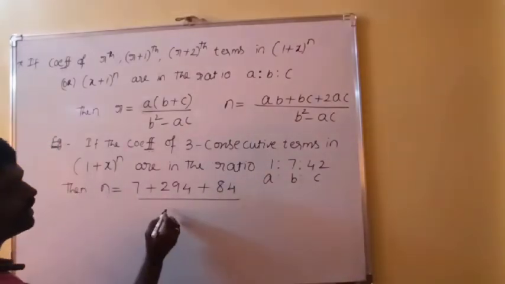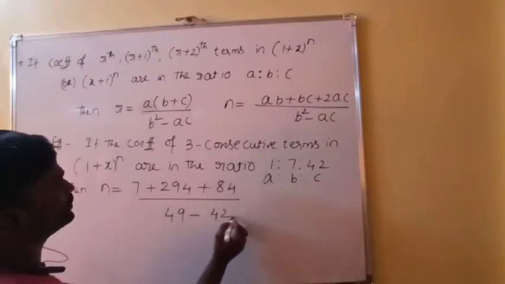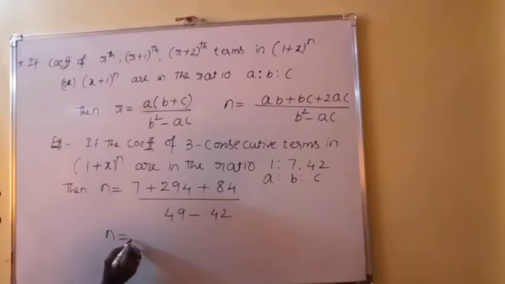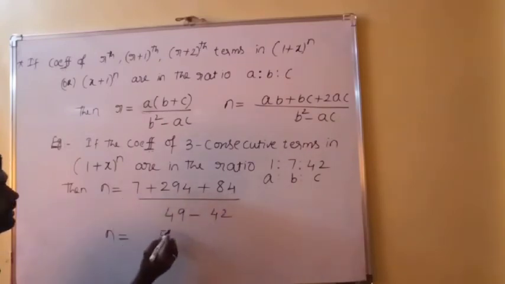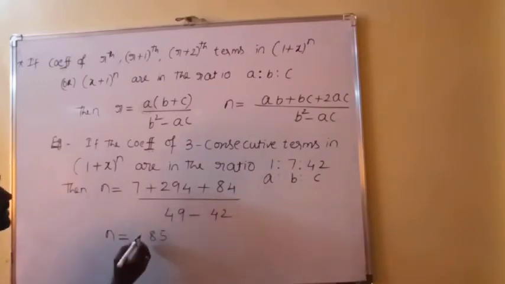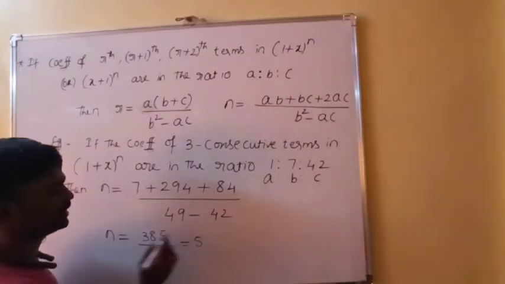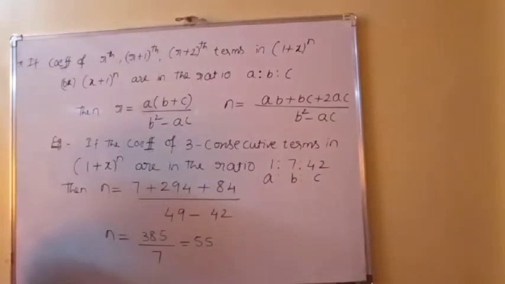Divided by B square, 49, minus AC, 1 into 42, 42. So add this: 7 + 294 + 84 = 385. Divided by 49 minus 42, which is 7. So cancel 7: 7 fives are 35, again 7 fives are 35. So n value is 55.